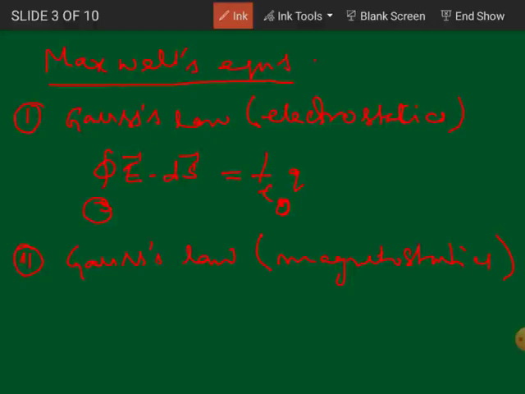As there is no isolated pole, or you can say a monopole never exists, we can write that the magnetic flux, which is equal to the surface integral of B dot ds. Instead of the electric field we are taking the magnetic field, so we call this magnetic flux.